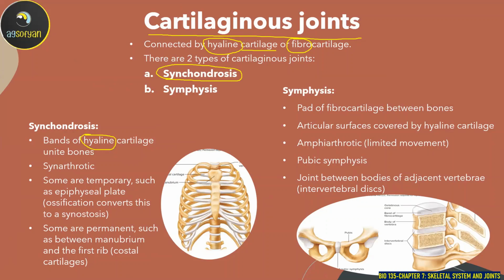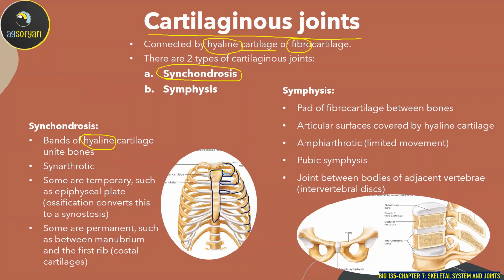An example is the joint between the sternum, the breastbone, and the ribs. We have 12 pairs of ribs, and 7 of them are connected directly to the sternum with this type of cartilage, which is hyaline cartilage.